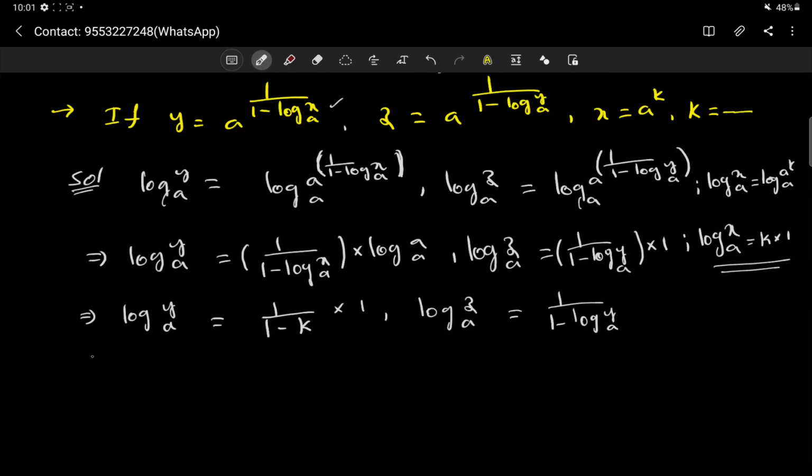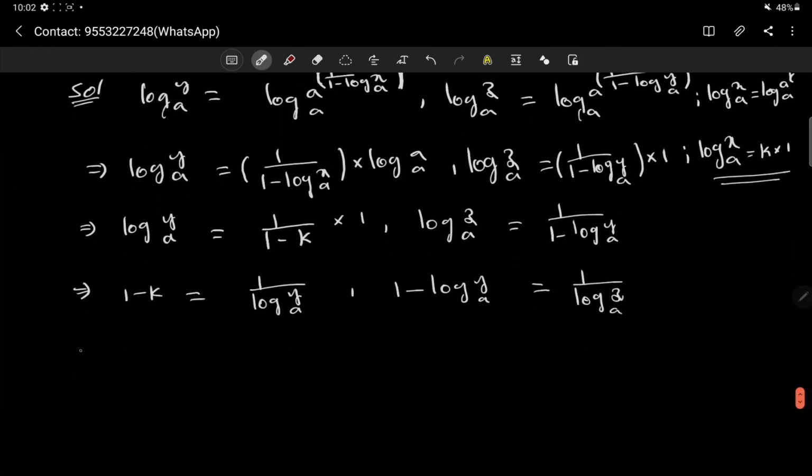So it implies 1 minus k is equal to 1 by log y base a. Next, 1 minus log y base a is equal to 1 by log z base a. Now, from this equation, k is equal to 1 minus log y base a.